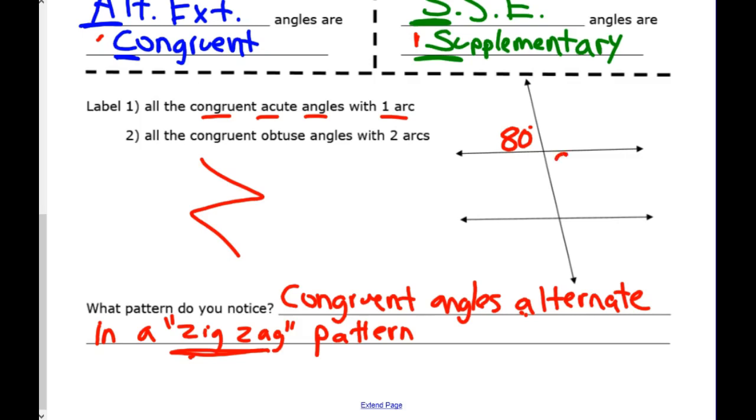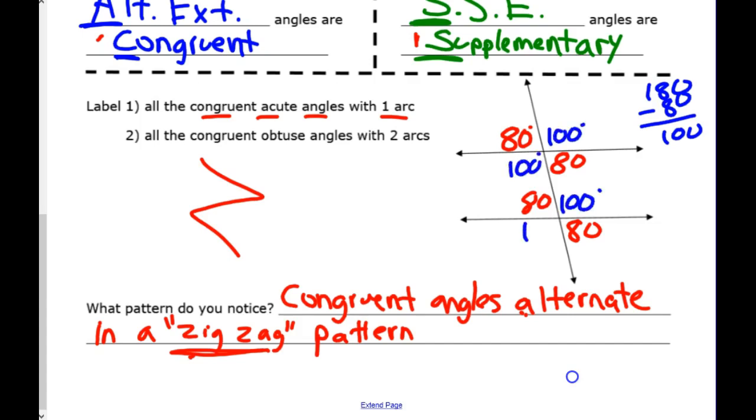If that's 80, that's 80, that's 80, that's 80. Right? And then if I'm looking for the other four, well, they are a linear pair. They subtract from 180. So these other four would be, in a zigzag, 100, okay? So, again, if you know one angle, you should be able to label the 7 other angles, assuming they're parallel, right?